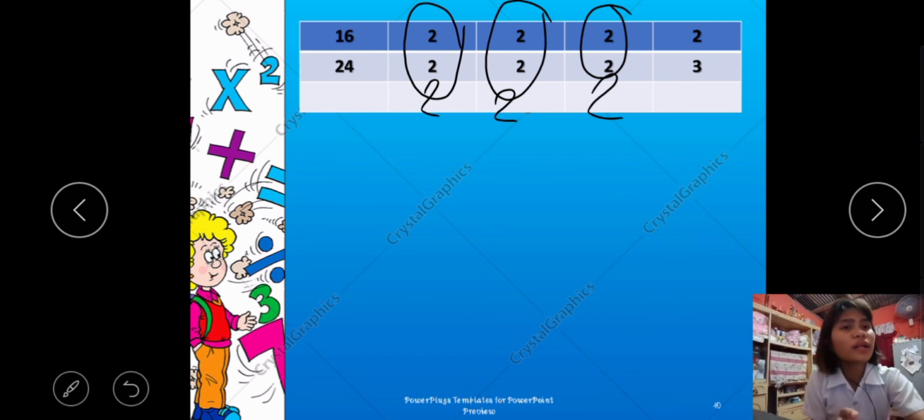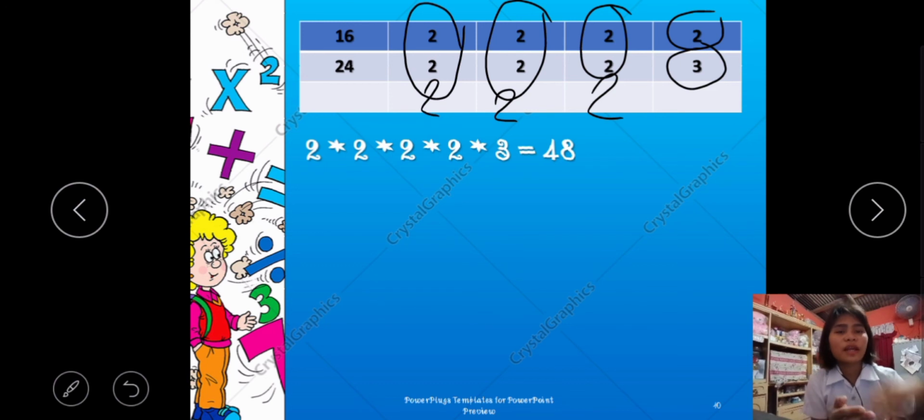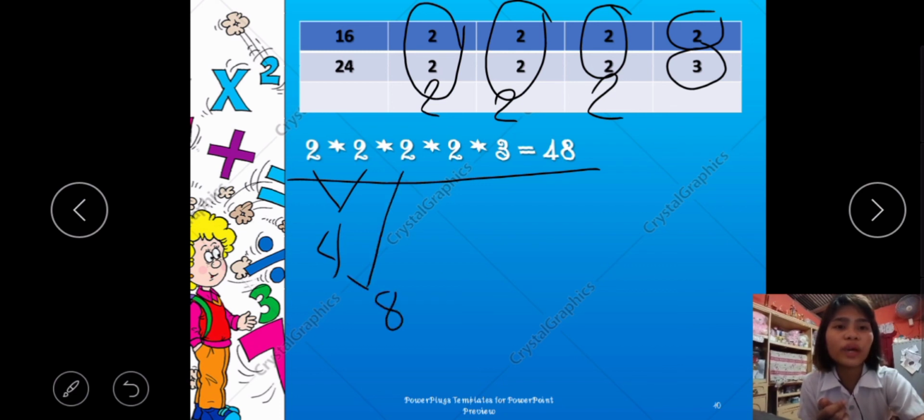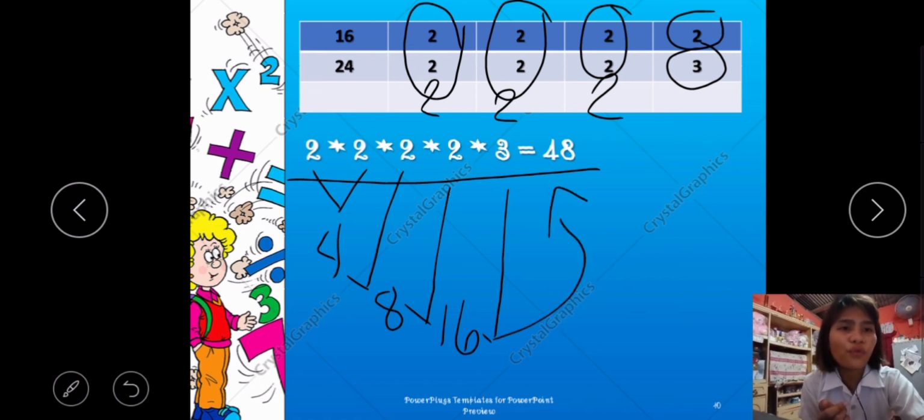So, now we will copy both prime numbers, which is like this: 2 times 2 times 2 times 2 times 3 is equal to 48. Why 48? Because 2 times 2 is equal to 4, times 2 is equal to 8, times 2 is equal to 16, and times 3 is equal to 48.